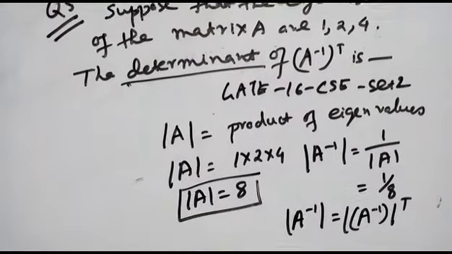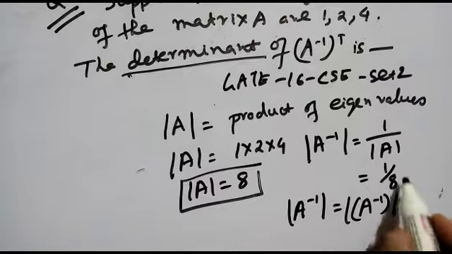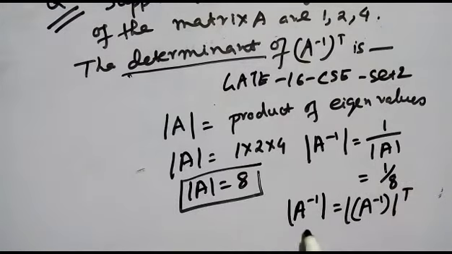That means after finding A inverse, if you take the determinant of the matrix, its value is equal to the determinant value of A inverse transpose. We already found determinant of A inverse, that is 1 by 8. So determinant of A inverse transpose gives us the same value.